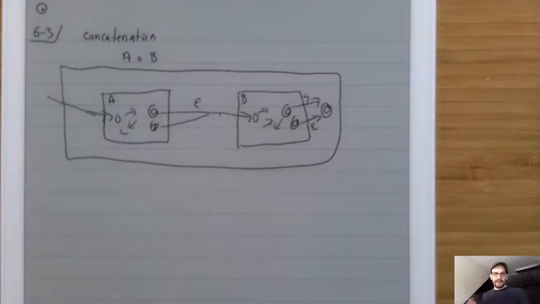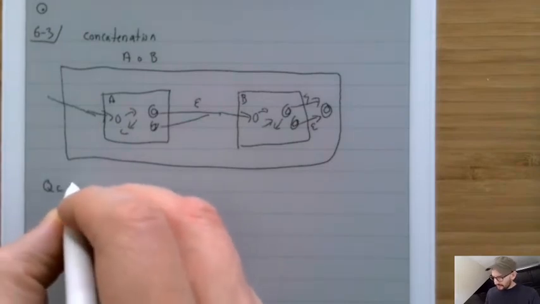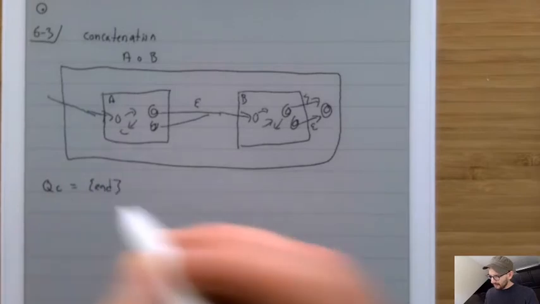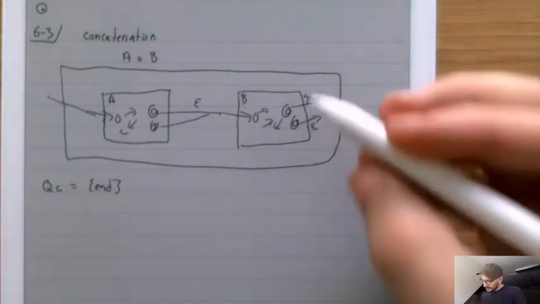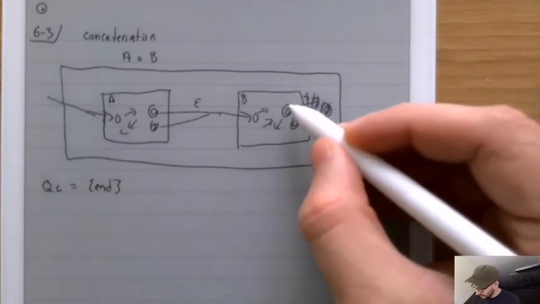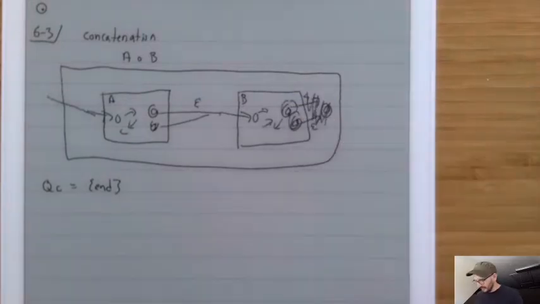Okay, so again, how can we write this down? So QC is going to be end, that's that distinguished end state right there. You know, do we even need that? Yeah, let's just get rid of that. Let's just say that these are also the real end states.